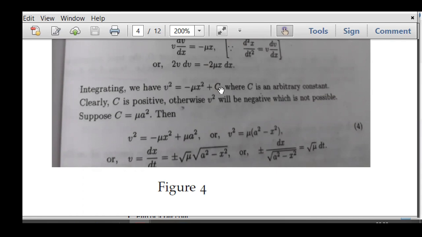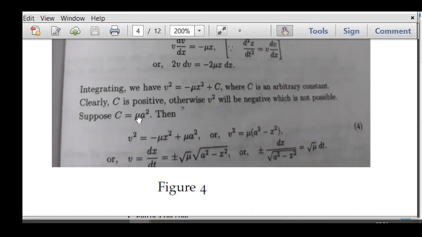If I consider c to be a very large negative number, what will happen? It will become negative, and in that case v square is negative. That means v is a complex number, that is imaginary, which cannot be the case because it is a velocity. So obviously c should be positive, that means it is an arbitrary positive constant.